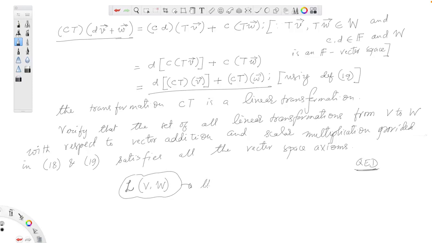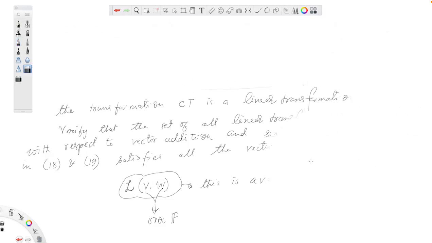This is a vector space over F. They are both vector spaces over the same ground field F. So there is only one field in this picture, which is F. So there are three vector spaces. V is a vector space, W is a vector space, and L(V, W) is another vector space. All these vector spaces are defined over the same ground field F.